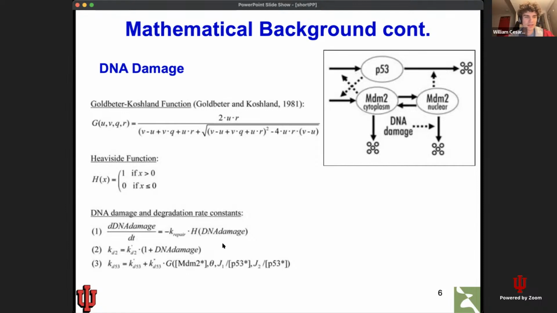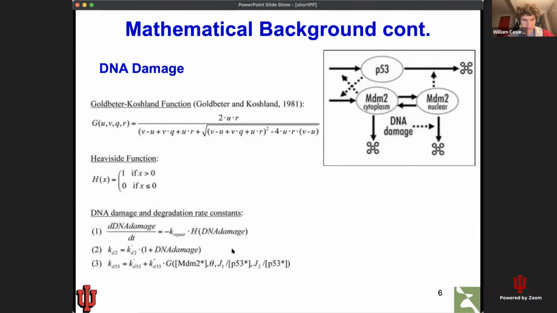So they are representing DNA damage using the Goldbeter-Koshland function, a Heaviside step function, which is just a binary function. And the change in DNA damage just uses the Heaviside function with the repair rate, because over time the DNA will be repaired.